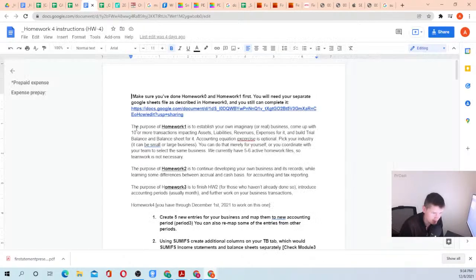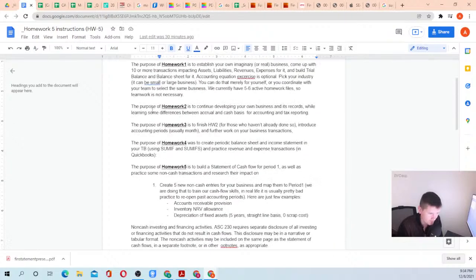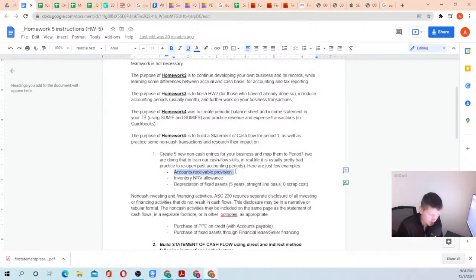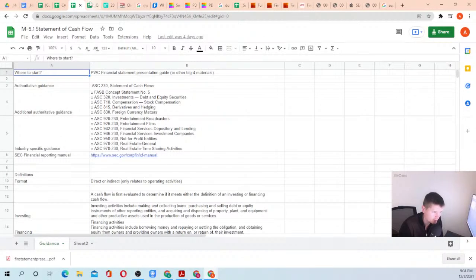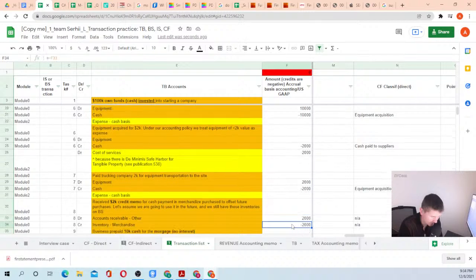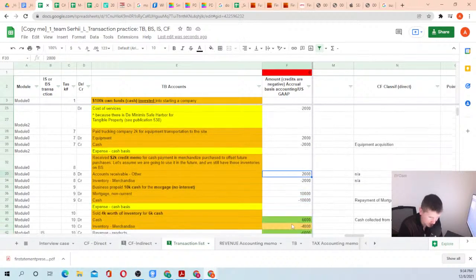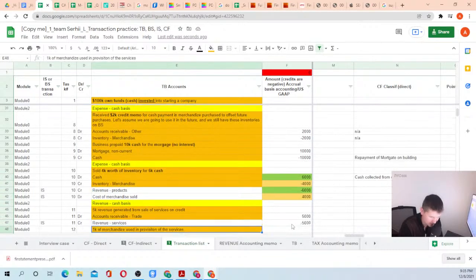Let's start with experimenting. So this is previous homework. Accounts receivable provision. Let's see if we have accounts receivable in the first place in our transaction list. Okay, we have some other items: mortgage, prepaid mortgage, revenue.